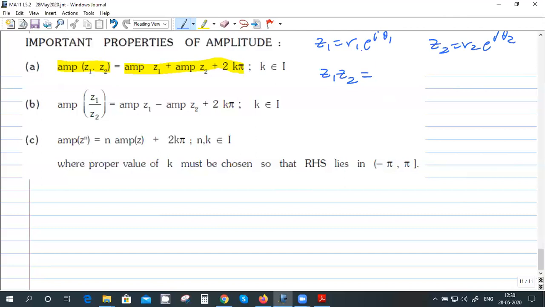I have to multiply these two, right? It will be r1 r2 into e raised to the power i (theta 1 plus theta 2), right?